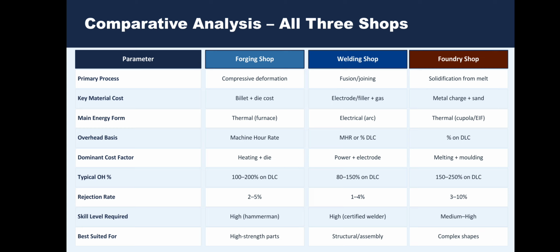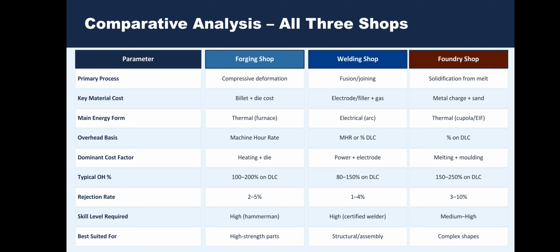The comparative analysis for all three shops is given below: primary process, key material cost, main energy form, overhead basis, dominant cost factor, typical overhead percentage, rejection rate, skill level required, best suited for. These are the three main shops: forging shop, welding shop, foundry shop. All have different comparative analyses based on the processes and equations used.